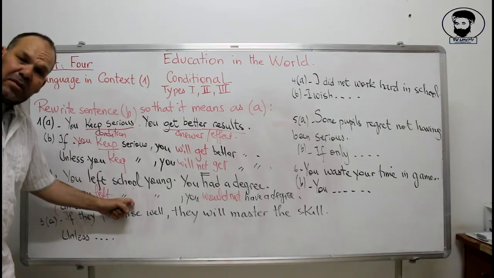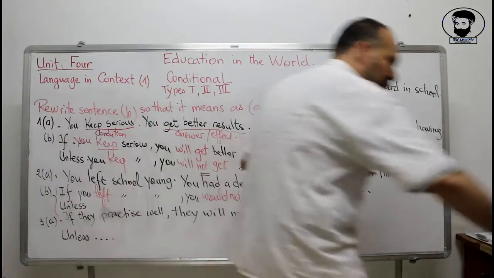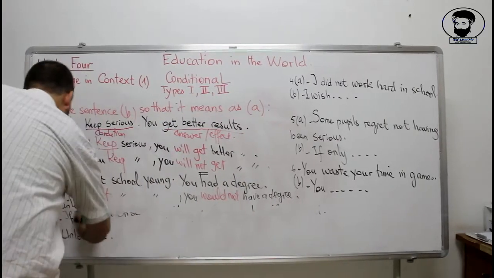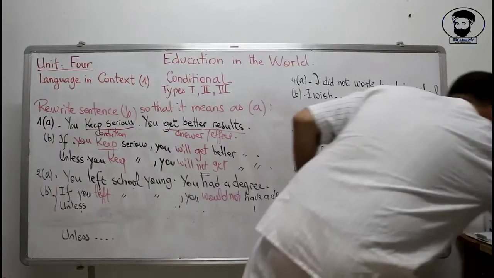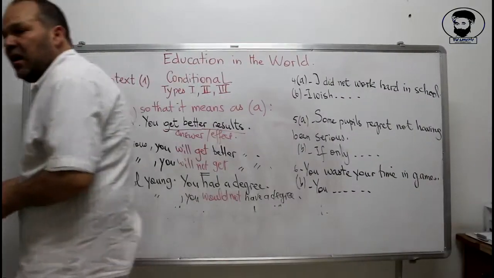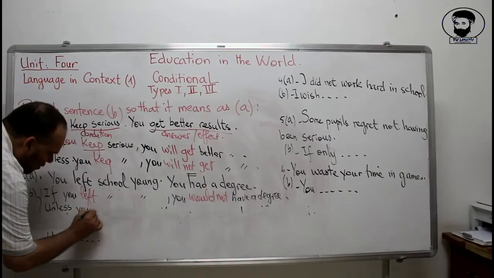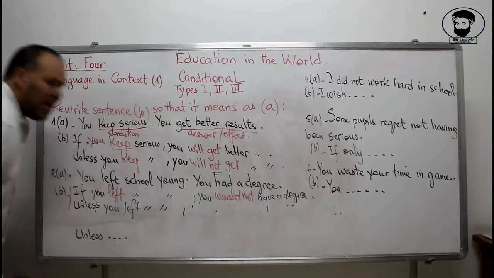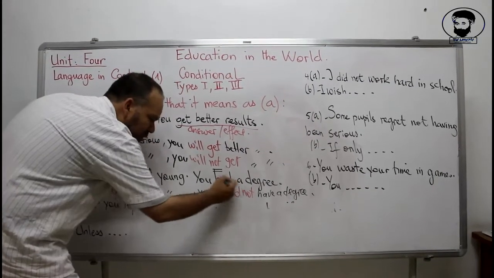Here, remember, we are going to make now the opposite form. Remember we said it is the negative form of using unless. Now, unless you left school early, remember it is always the negative form.